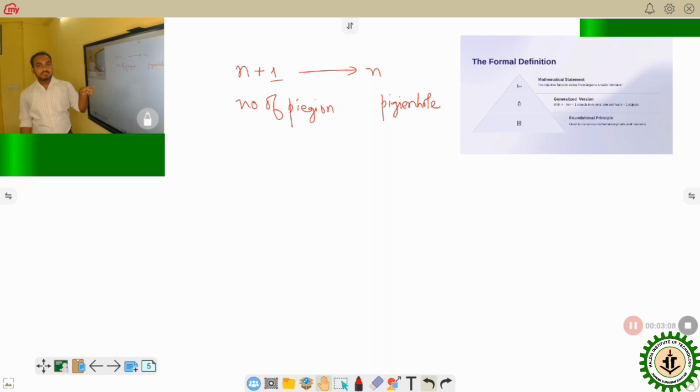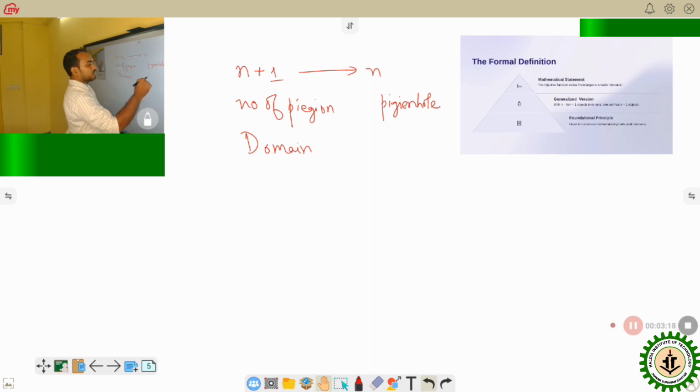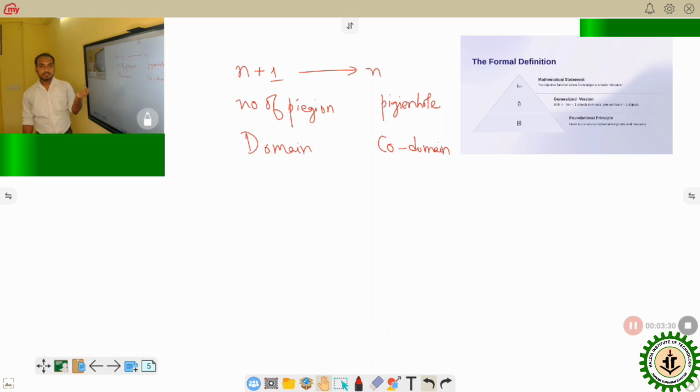The number of pigeons is always greater than the number of pigeonholes. Suppose we choose this n plus 1 to be the domain and this to be the codomain. We see that the cardinality of the domain is always greater than the cardinality of the codomain as per the formal definition of the pigeonhole principle.